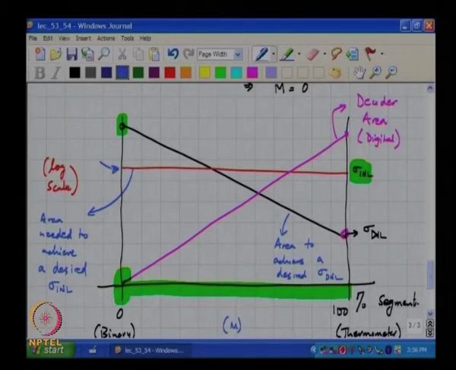However, we have that area for the unit cell, and the reason we needed that much area for the unit cell was because we needed to hit the sigma DNL. Is this clear?